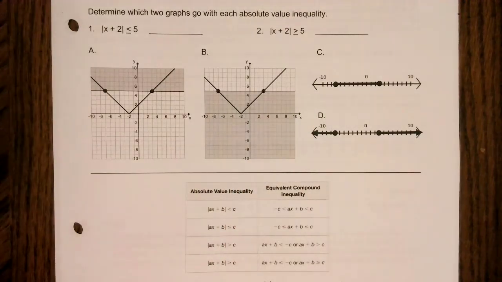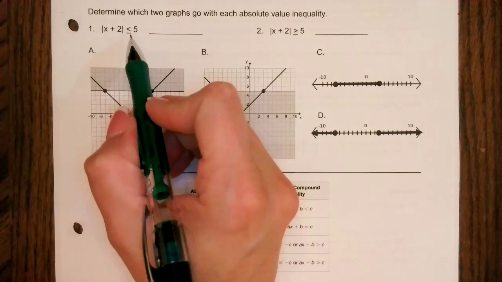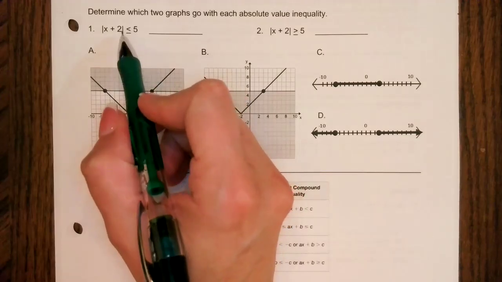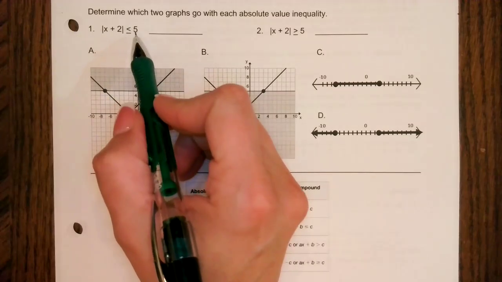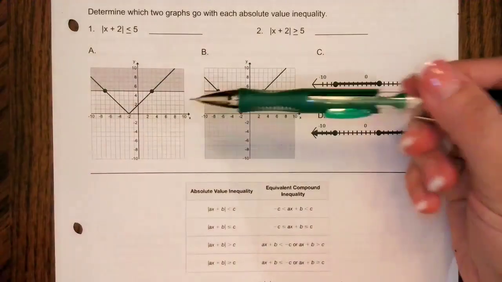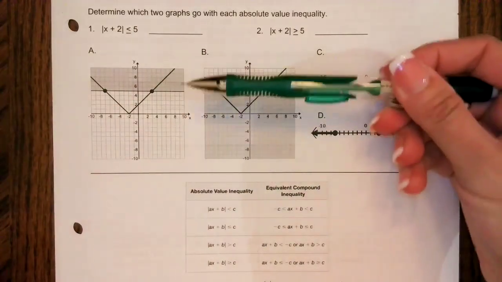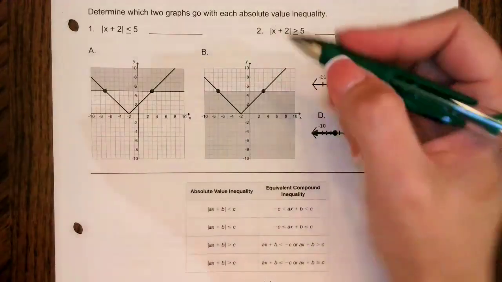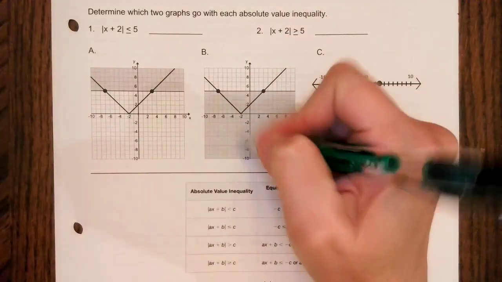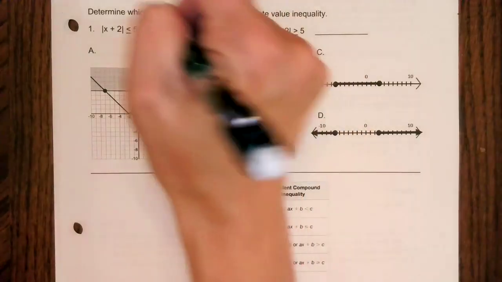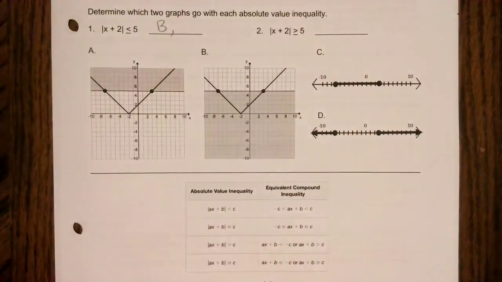And so now, when we compare these, this has a less than or equal to 5. So we want to know where this absolute value is less than 5. And so we see the shading here. This is less than 5 right here. 5 is right here. The smaller ones are this portion here. So this would be an example of the B graph.